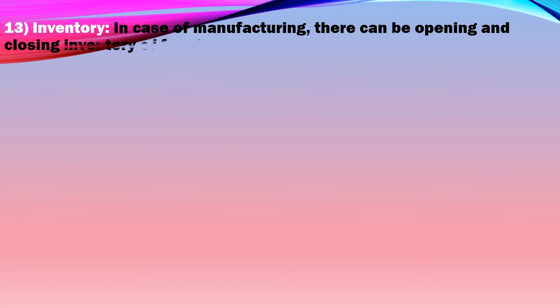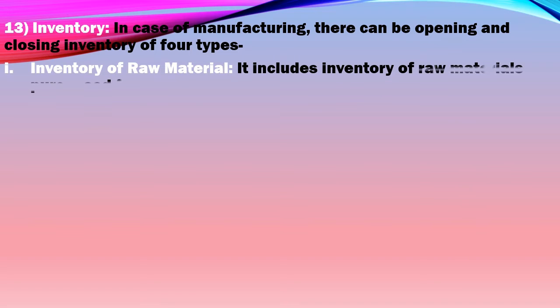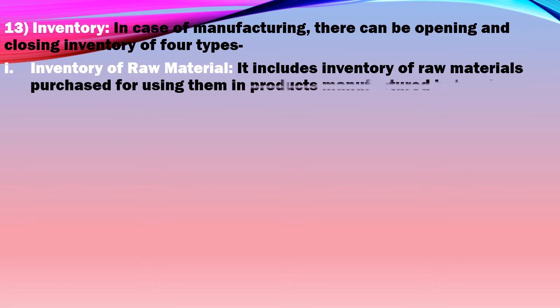Next we have inventory. In case of manufacturing, there can be opening and closing inventory of 4 types. The first one is inventory of raw material. It includes inventory of raw materials purchased for using in products manufactured but still lying unused.